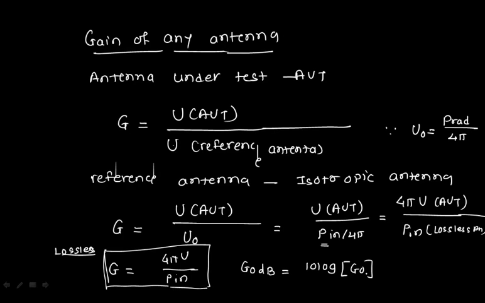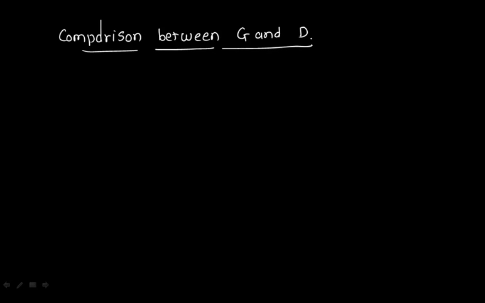Now what is the comparison between gain and directivity? So I'll compare my gain and my directivity. Comparison between G and D. Though the gain of the antenna is closely related with the directivity, as we calculated, G is K into D. So you can say that your efficiency defines the gain, but the directivity is described only in terms of the directional property.